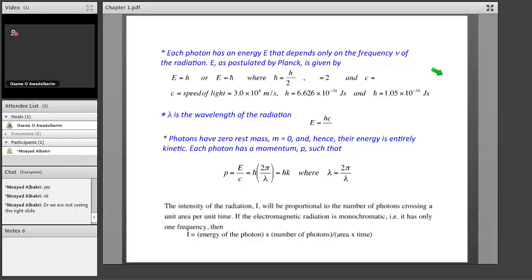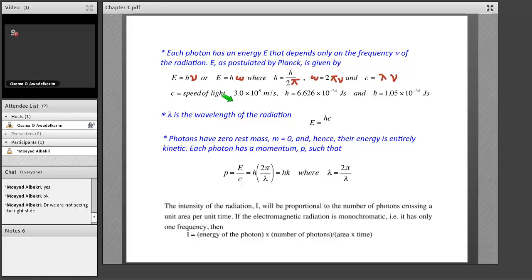Now, E is h nu and E is h bar omega, and h bar is h by 2 pi. And omega is equal to 2 pi nu, as we said before, and c, the speed of light, or the speed of electromagnetic radiation, is lambda nu.